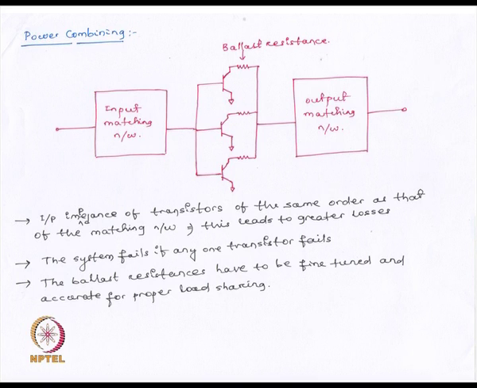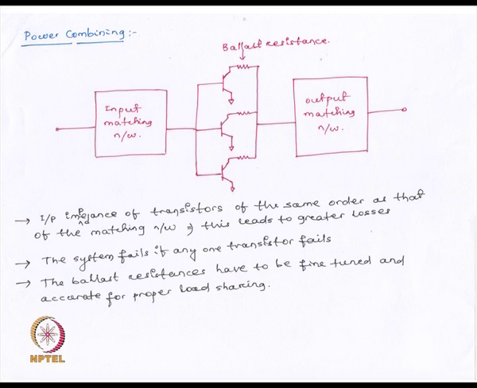So, this is one method where you have an input matching network and then 3 individual transistors, each of which produces its own amplification, and then finally at the output of the transistors the powers are combined through an output matching network.